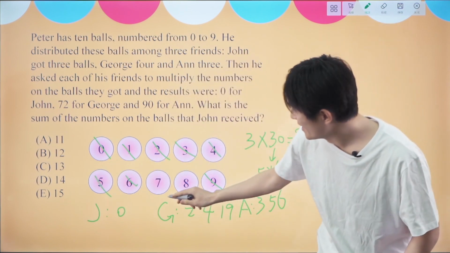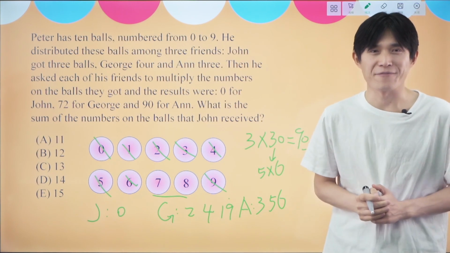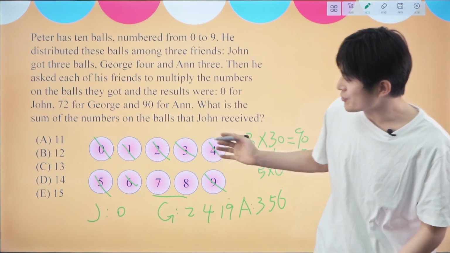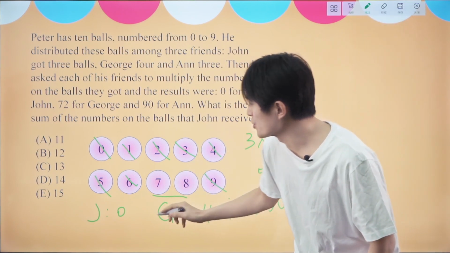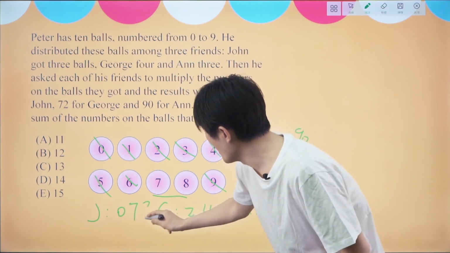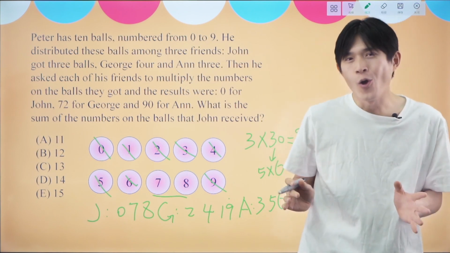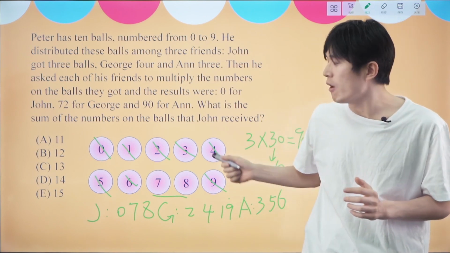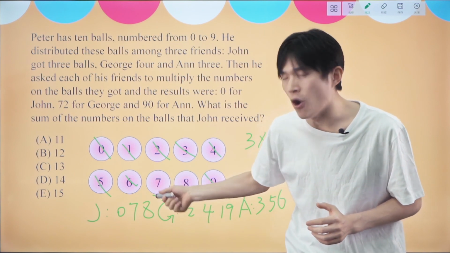In the end, we have 2 numbers left. And John must have those numbers. So John will have 0, 7, and 8. And now we need to know the sum of all the numbers from John.